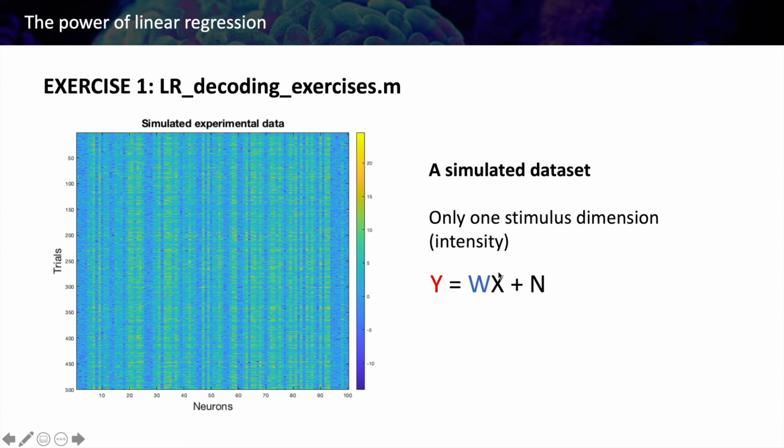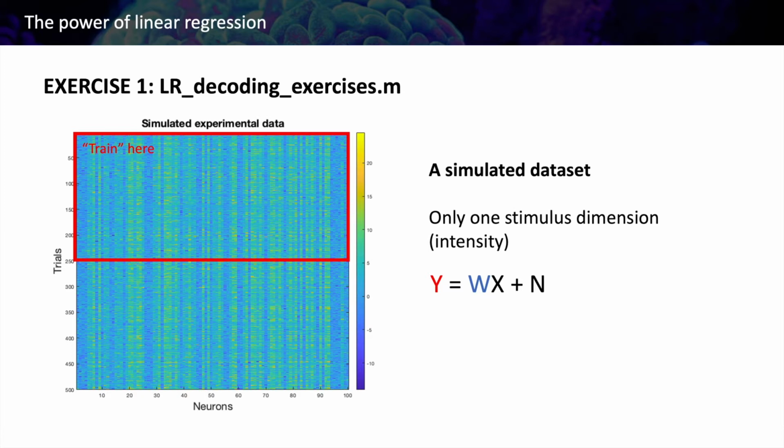If X is the stimulus intensity, the weight determines how much the activity of the neuron will change in a linear way. Then we have a noise parameter that determines how much information we won't be able to explain with our equation.